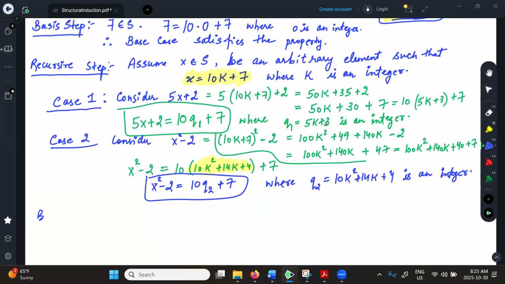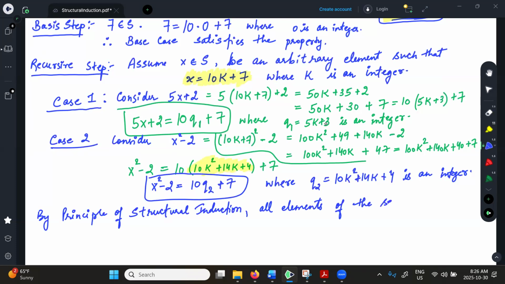Therefore, by principle, and that starts a new paragraph in your proof, right? By principle of structural induction, all elements of the set S are of the form x equals 10k plus 7, or you could say also x mod 10 equals 7.